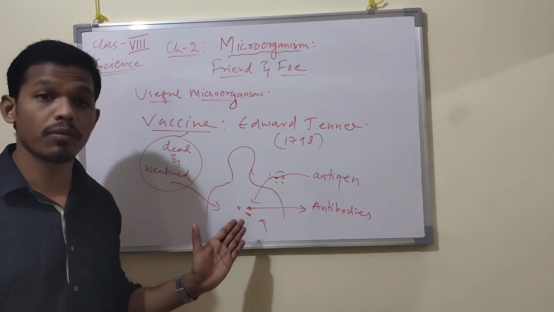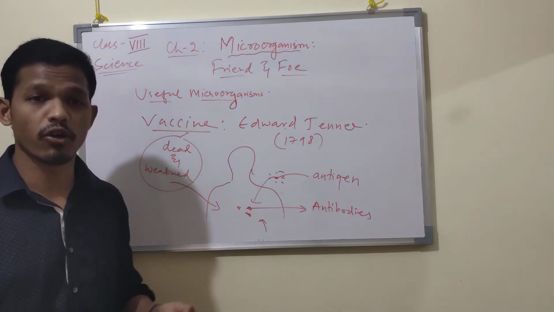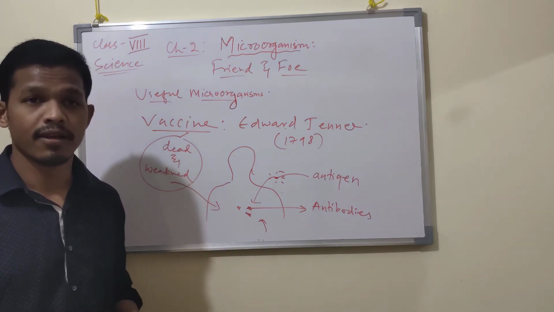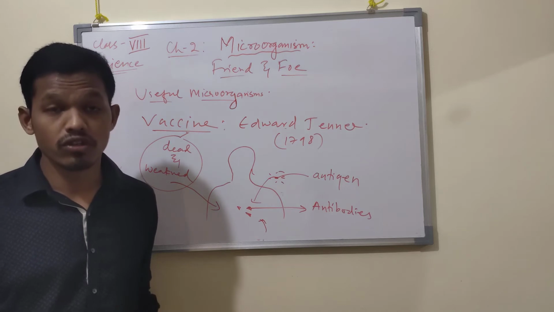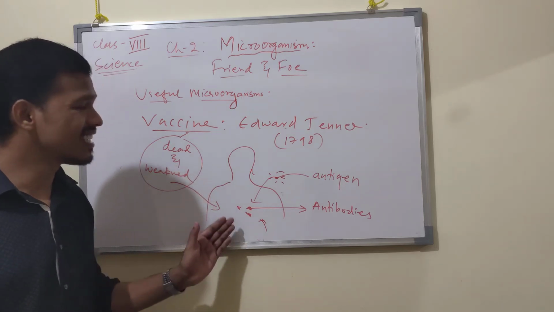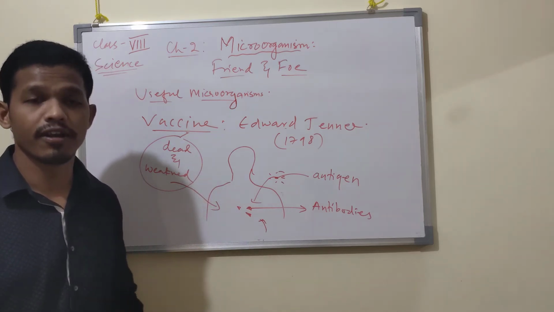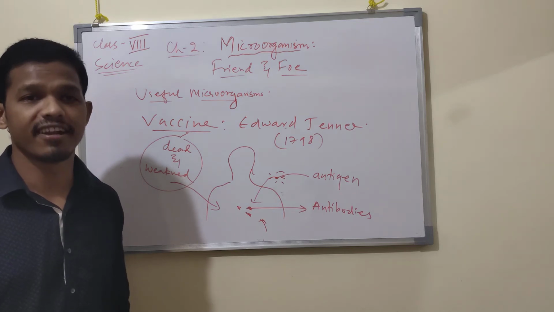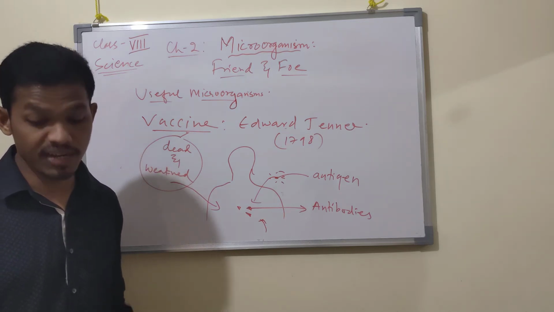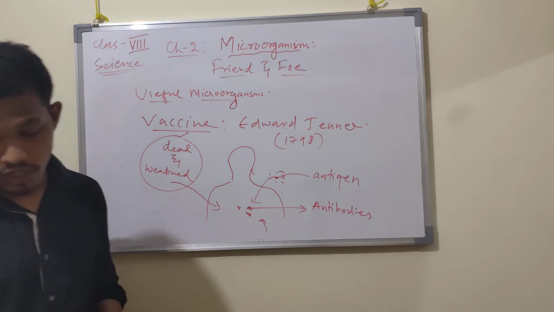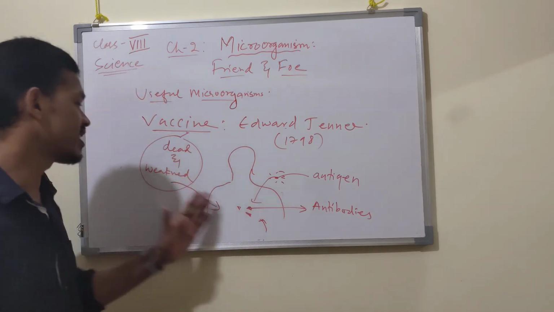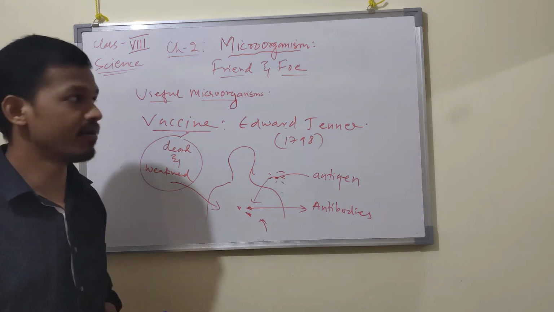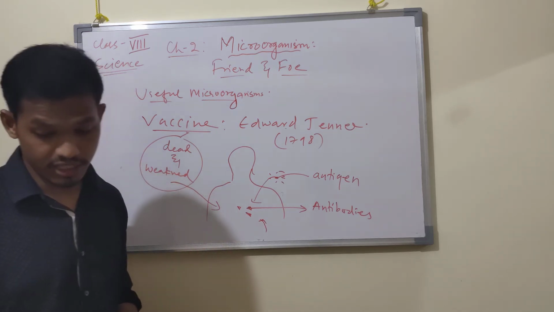Because certain diseases, like tuberculosis, hepatitis, measles, mumps, typhoid, cholera, cannot be cured. They can be prevented. Got it now? Such kinds of diseases can be prevented by vaccination.